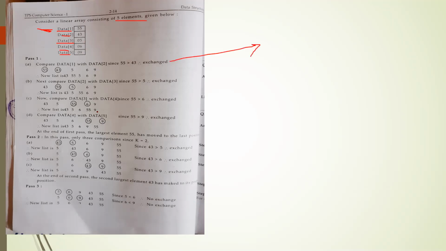So at the first step, first element is 55, 43, 5, 6 and 9.